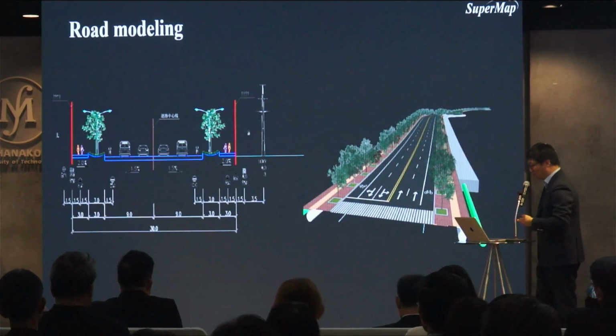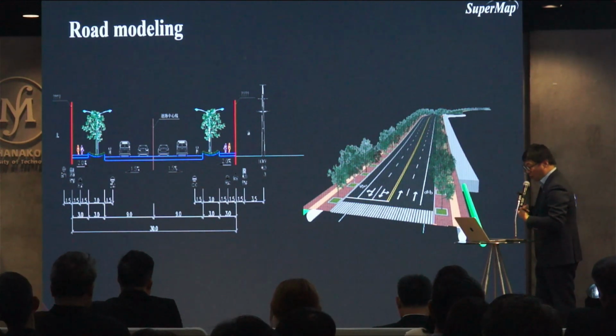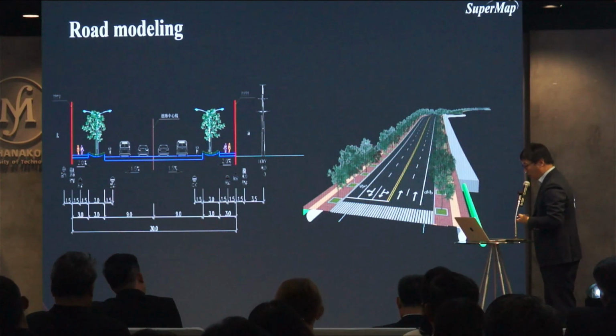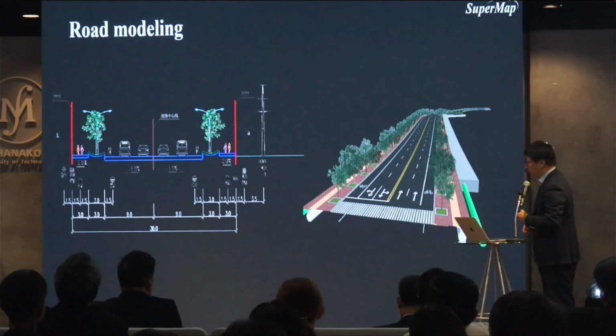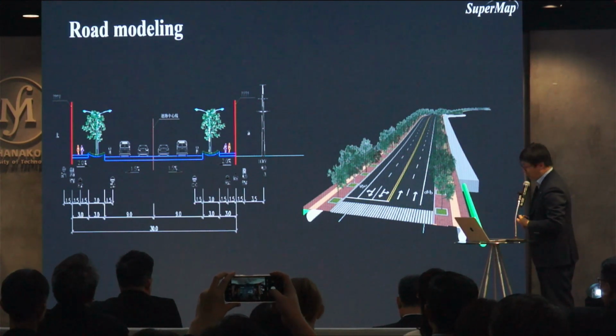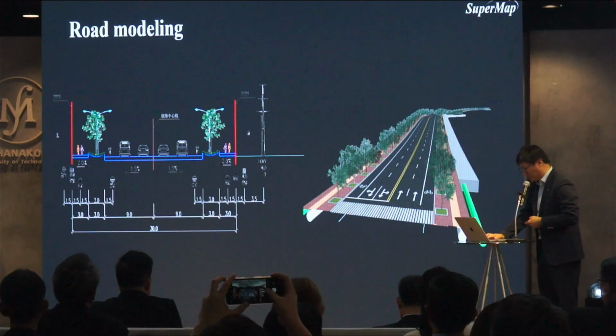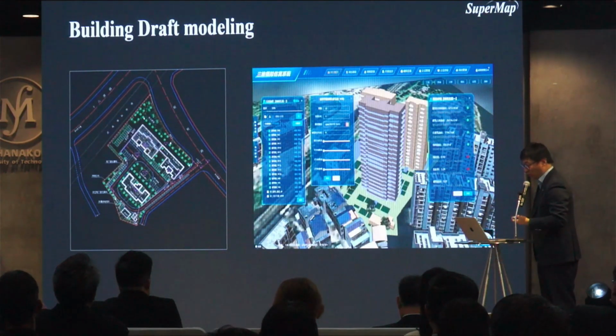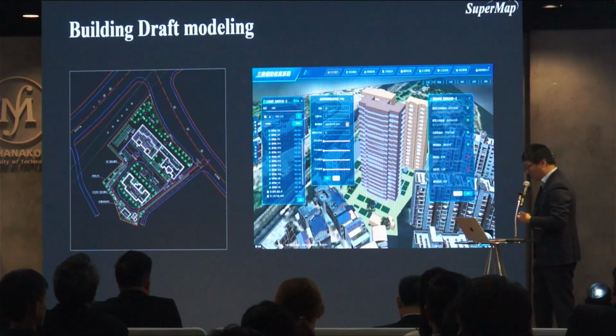And in another example, we can model roads with the original design scheme and the road centerline, and the 3D road models can be generated very flexibly and quickly. Here is an example of building draft modeling.